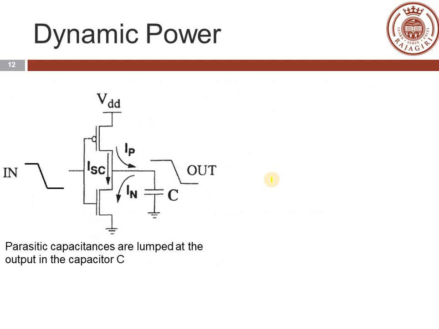So in this particular circuit, the parasitic capacitances are lumped at the output in the capacitance C. All the parasitic capacitances are lumped into this particular C. Here the input is switching from high to low, so the output should switch from low to high.